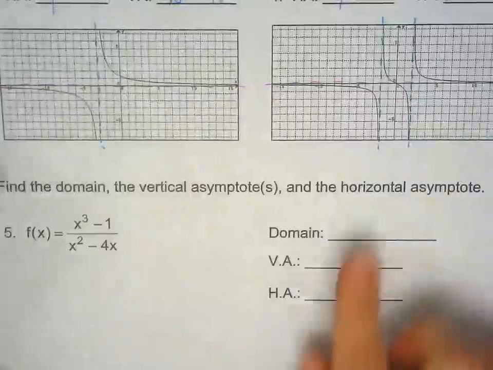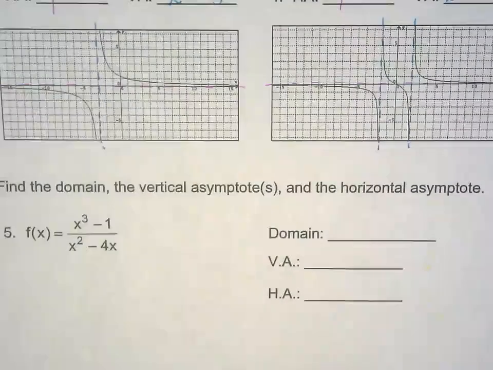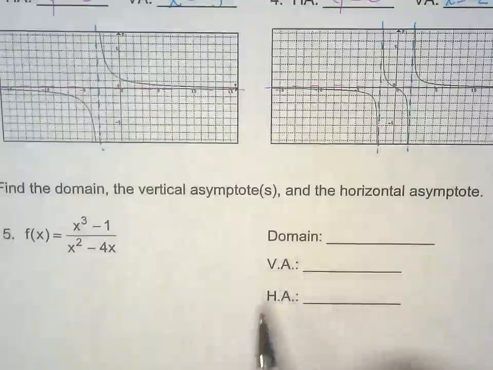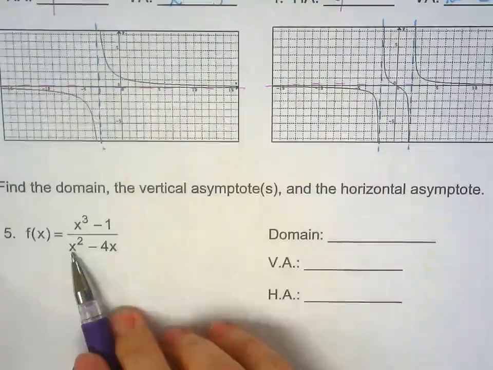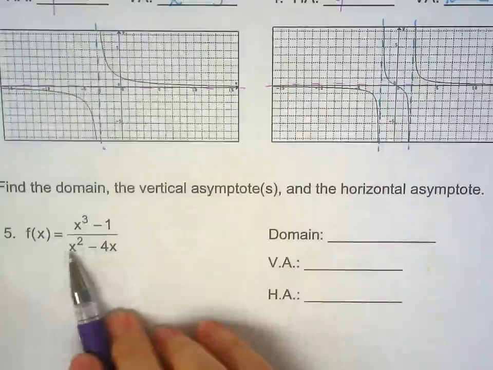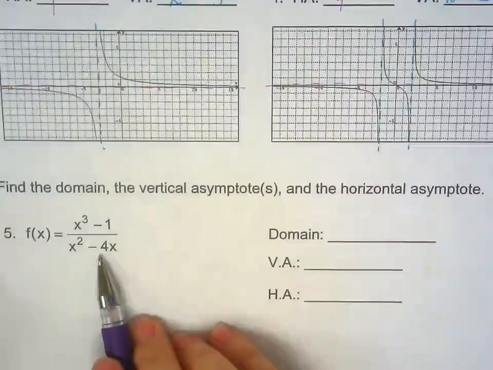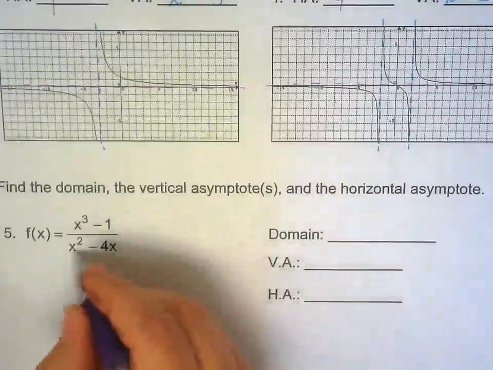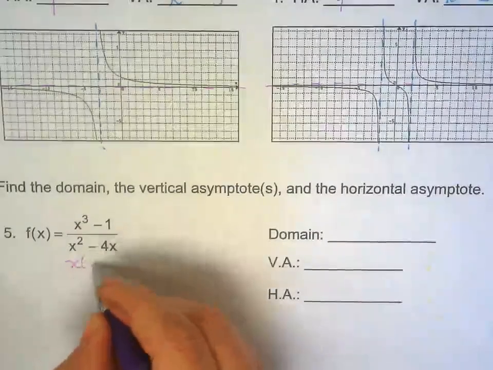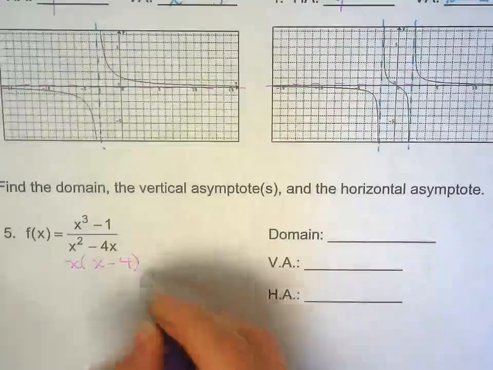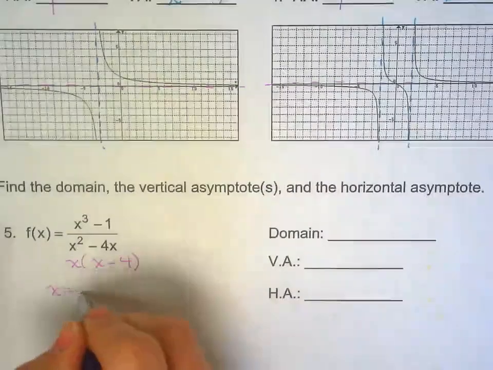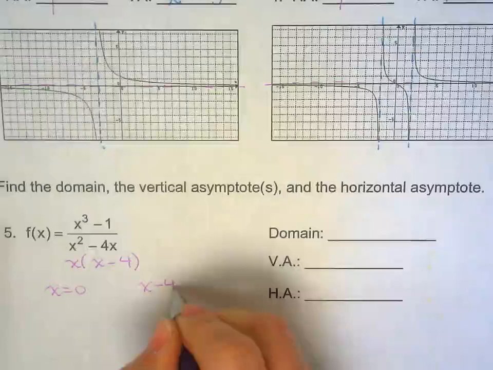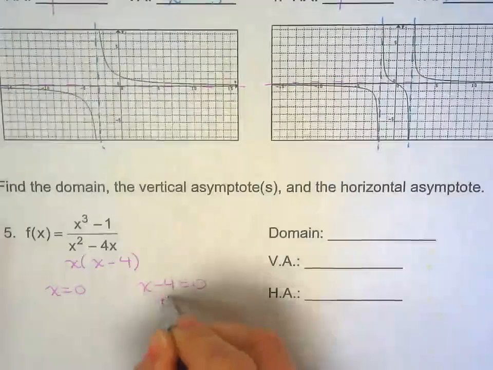Last one. Now you have to find all 3 of them. So you have to find domain, vertical, and horizontal asymptote. To find the domain, remember that the domain will be everything, all real numbers, except those numbers that make your denominator equal 0. So we have to factor this. Now we set each factor equal to 0, and we solve for x.